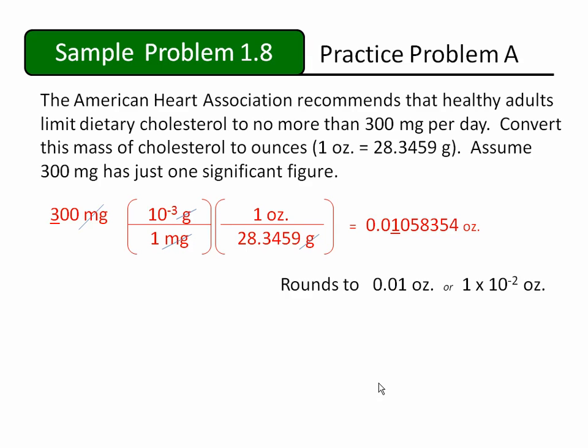Therefore, we'll round between the 1 and the middle 0, the sandwiched 0, obtaining a final solution of either 0.01 ounces, or if we were to write it in scientific notation, 1 times 10 to the negative 2 ounces.